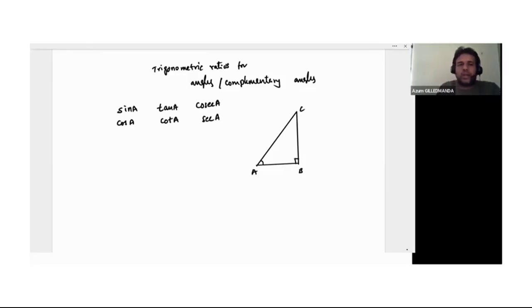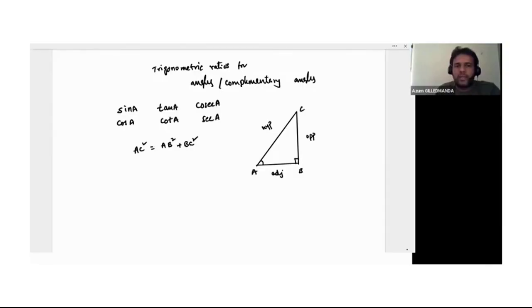Now, in this right angle triangle, according to Pythagoras theorem, this is the hypotenuse, this is the opposite side to angle A, and this is the adjacent side, correct? Now, what is the formula for Pythagoras theorem in a right angle triangle? The hypotenuse square, in this case AC square, equal to sum of the squares of the other two sides. So AC square I can write as AB square plus BC square, correct?